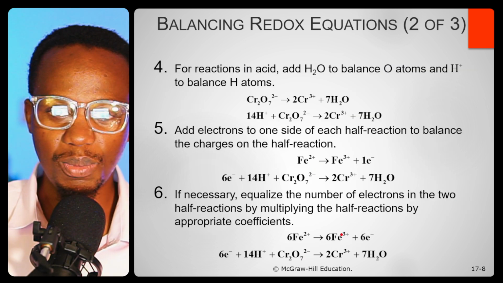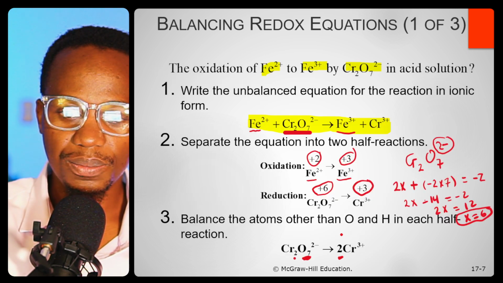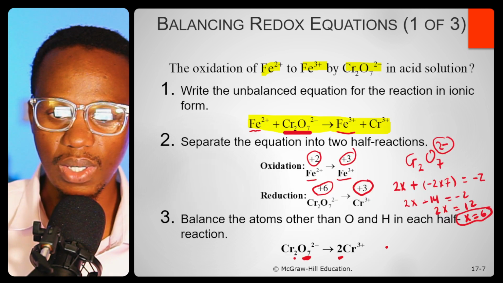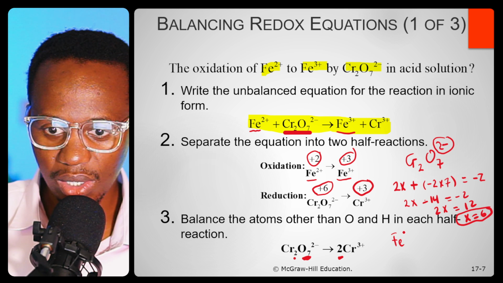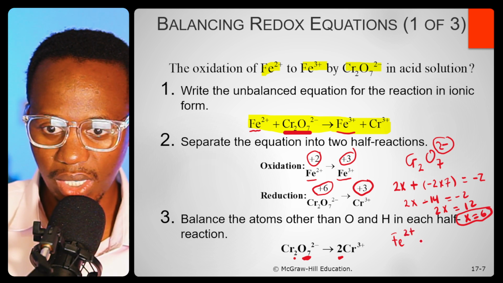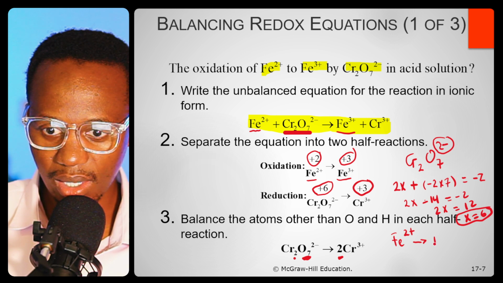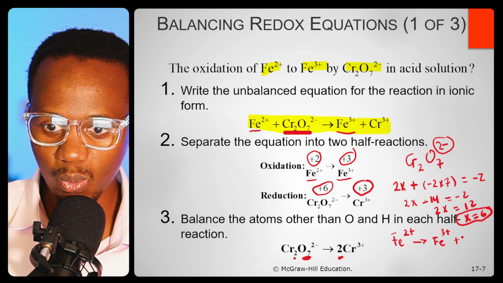So now putting it all together, so far you're going to have Fe2 plus becomes Fe3 plus plus 1 electron.